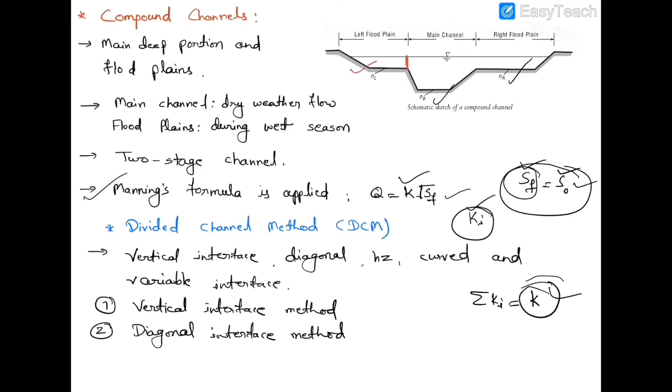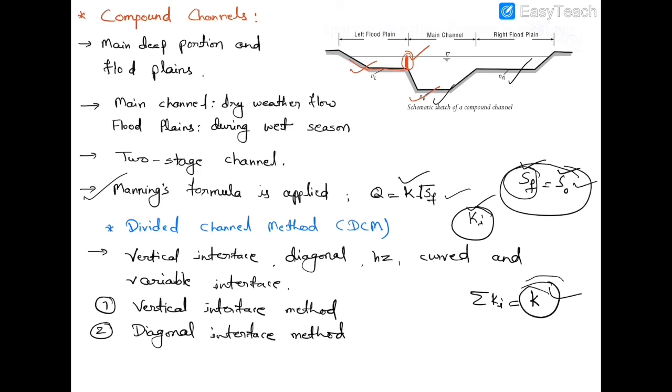This floodplain is separated from this main channel by a vertical interface, and remember, here we assume that there is no shear stress at this interface. Means the shear stress which exists at this boundary and this boundary is absent at this interface. Clear? Means the length of this interface we do not consider to find the perimeter of the channel. Clear?